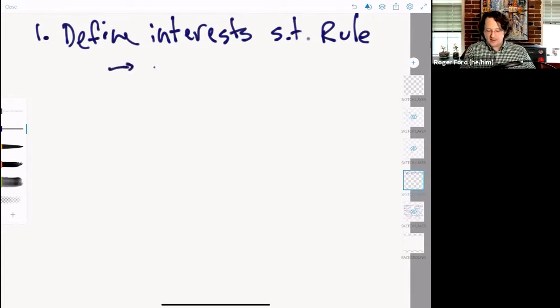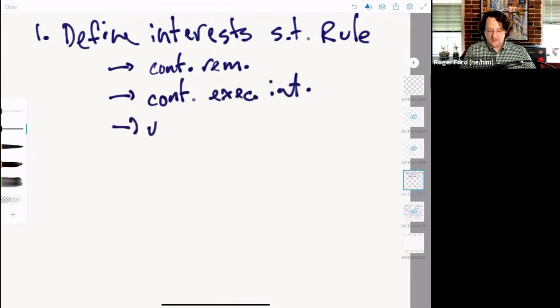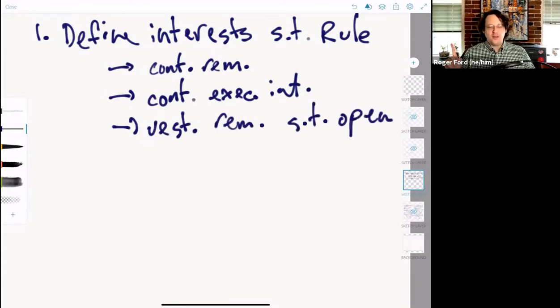And then any contingent remainder, any contingent executory interests, any vested remainder subject to open, but not subject to divestment, because anytime you have subject to divestment, you'll have some executory interest after it that will yank it away, or some other contingent remainder that might take it. And then in some states, options and right of first refusals, right? So if you have any of these 3 things, you have to do this analysis.